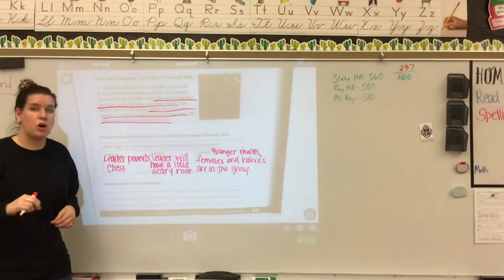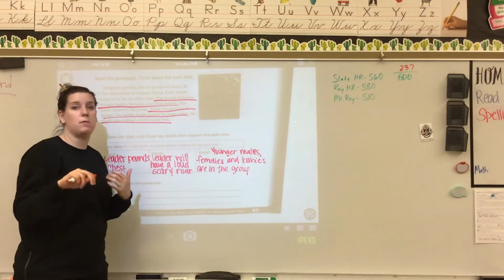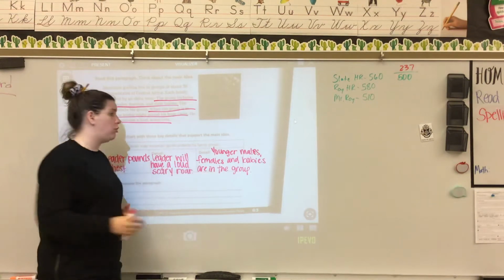Okay? So we have three details that support that the male mountain gorilla protects its family group. Two things that he does to protect it, and who his group includes.